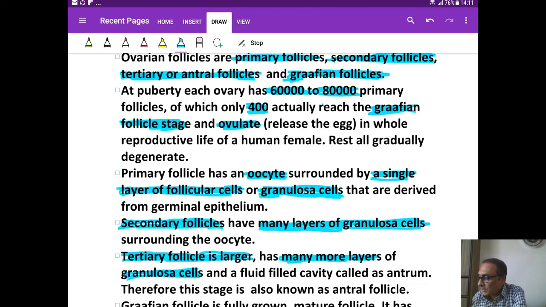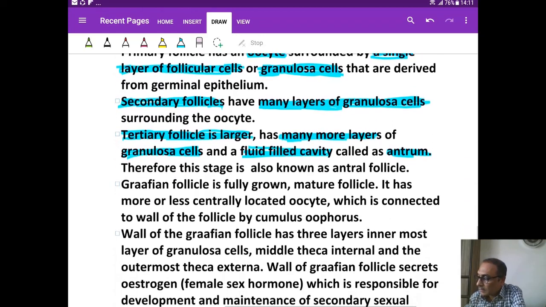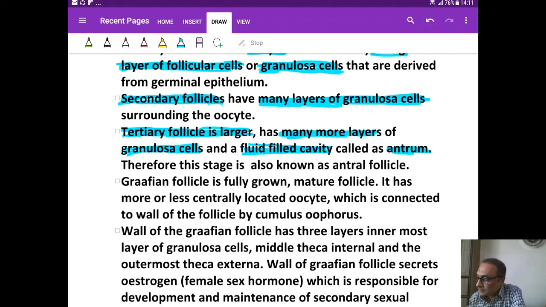Okay, so like this the tertiary follicle is formed. The tertiary follicle is also called the antral follicle because it has a fluid filled cavity known as the antrum. Okay, then let us take up the other points.